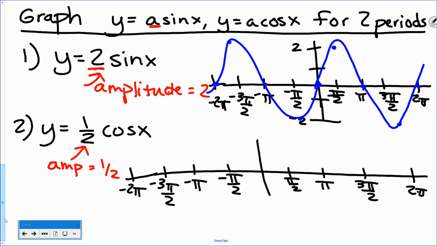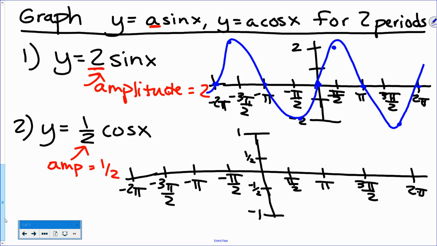Sometimes I've seen it in Math Excel, they'll label it as a half and a negative a half, and sometimes they'll do 1 and negative 1, and then you'll see that it only gets halfway up there. Okay, so a couple different ways you can look at it. Sometimes Math Excel will do fractions on the y-axis, and sometimes they won't, and you'll have to kind of go, oh, if it's a third of the way up to 1. That picture looks like it makes sense.